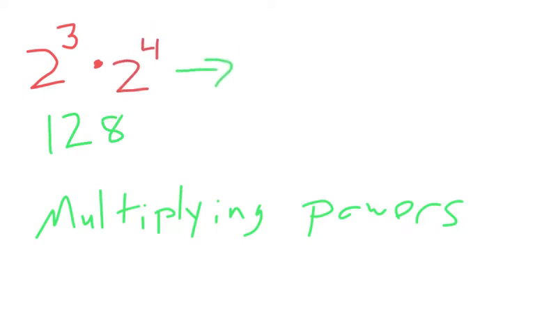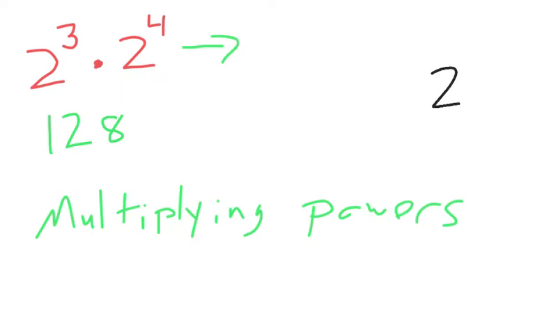Okay, so let me do a little bit of explaining here. Let's just look at 2 to the third. The 2 is called the base. The little 3 up here is called the exponent.